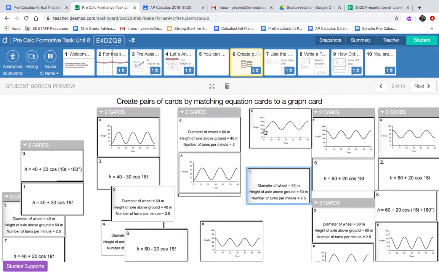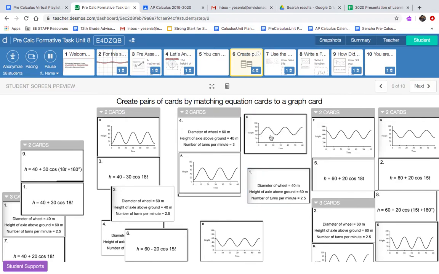So here I see that it starts at 40, the midline is at 60, and the maximum does appear to be 80. It looks like it does about one round of a cycle, and this could be about 25 seconds. So that could be a possible match for number 1. This looks like a good one.